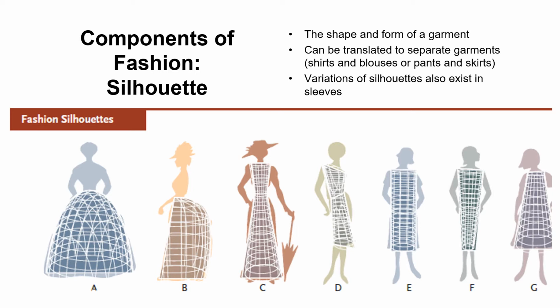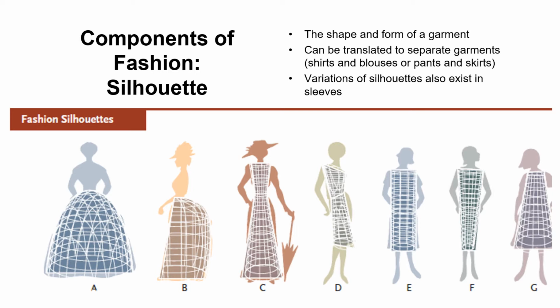G is smaller at the top, bigger at the bottom, an A-line garment. Now everything we see here is a dress or a skirted item, but these same silhouettes happen in pants, right? So a wide leg pant or a slim leg pant, a straight leg pant, a bell bottom pant. They're all versions of a silhouette.